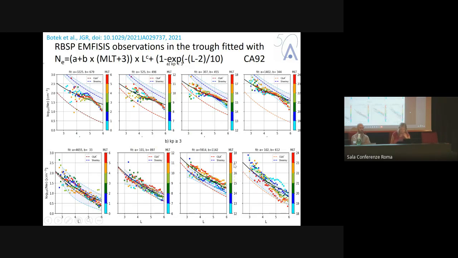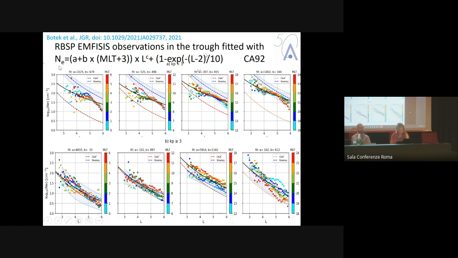Thus, to improve this part of the plasma trough, the low density above the plasmasphere, that was too small with the model of Carpenter and Anderson, we have used the new Van Allen Probes, or RBSP, the new name of the satellites, observations, made by the instrument EMFISIS that gave the number density in this region as well.